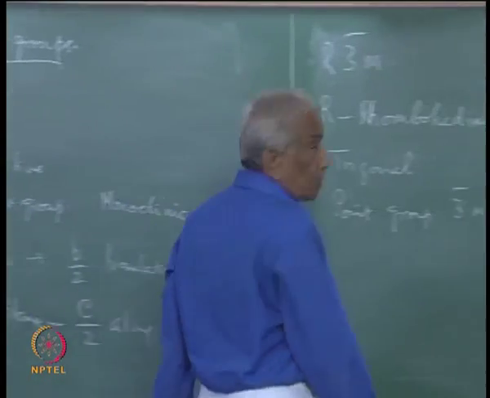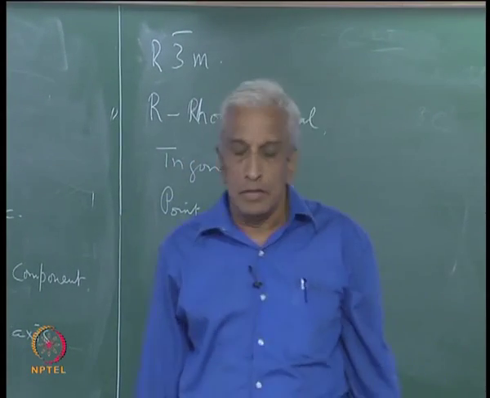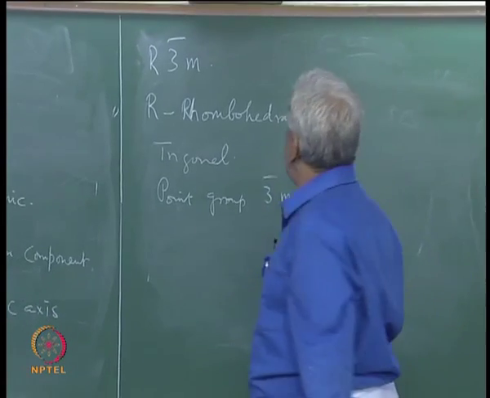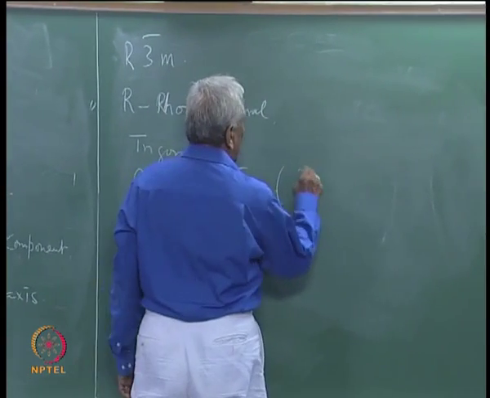So, this is what is called D3d in Schoenflies notation.